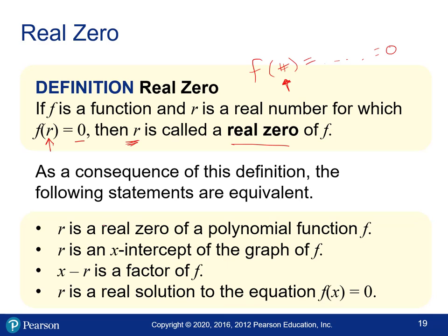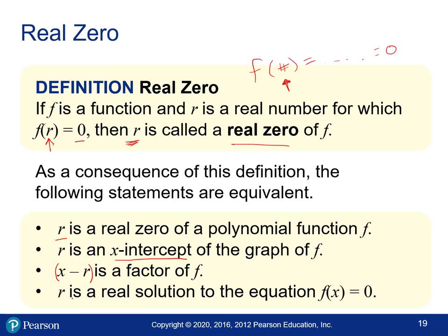And so here are equivalent statements. r is a real zero of a polynomial function. That is also to say that it is an x-intercept on the graph. An equivalent statement would be that x minus that number is a factor when you write your polynomial.